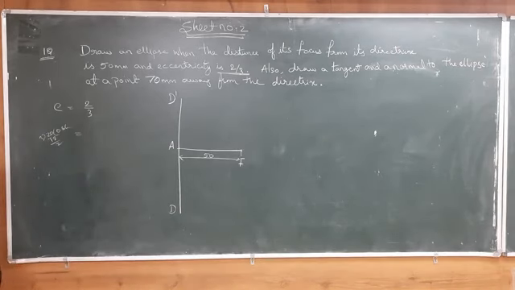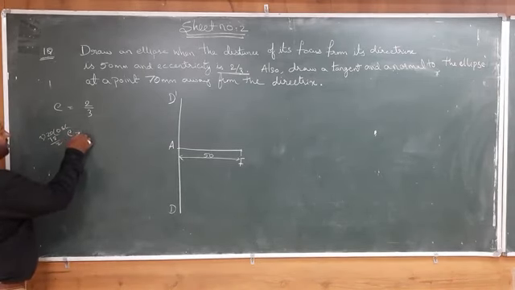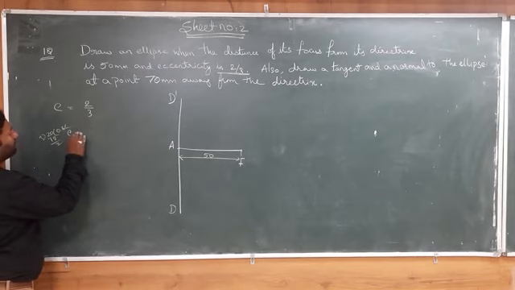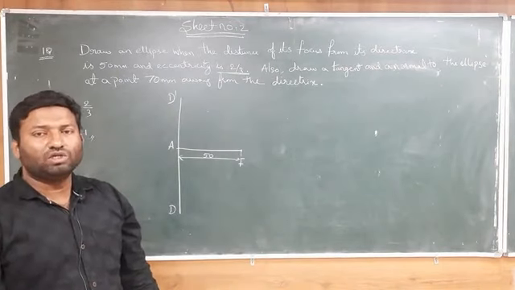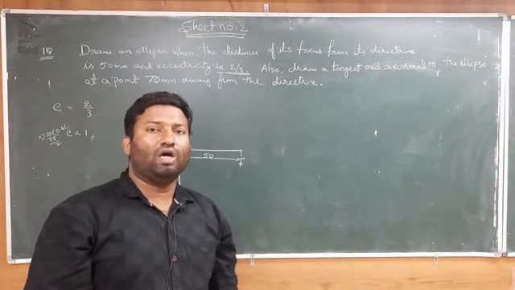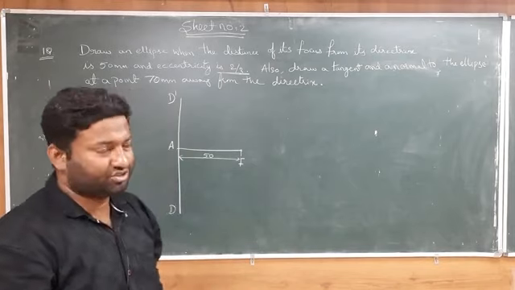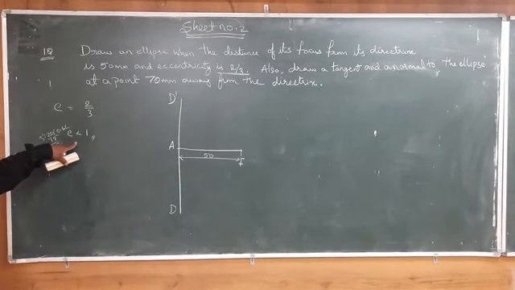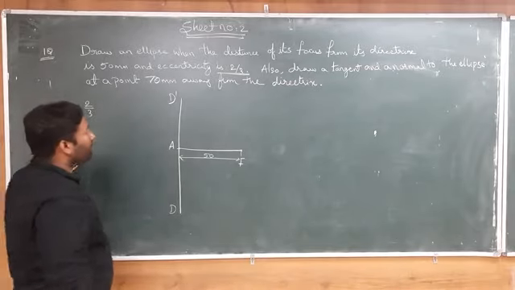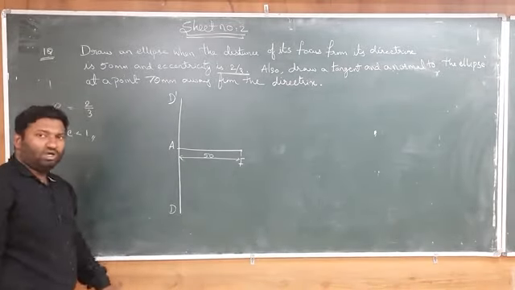Hence, here the value of e is lesser than 1. Hence, the eccentricity given in the problem is applicable to draw an ellipse. So we are getting e lesser than 1, so we can draw the ellipse.